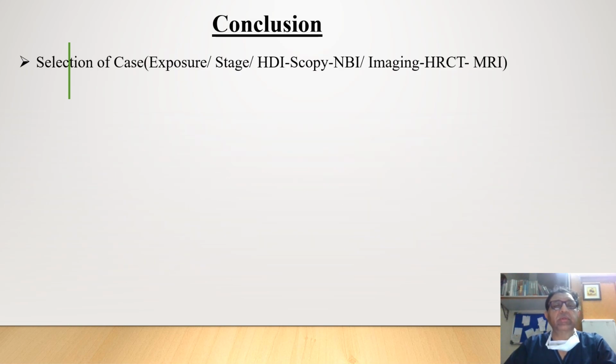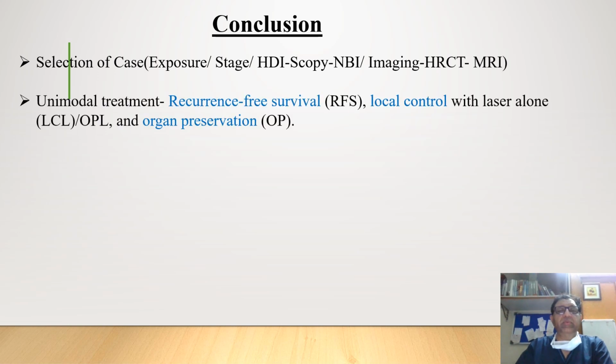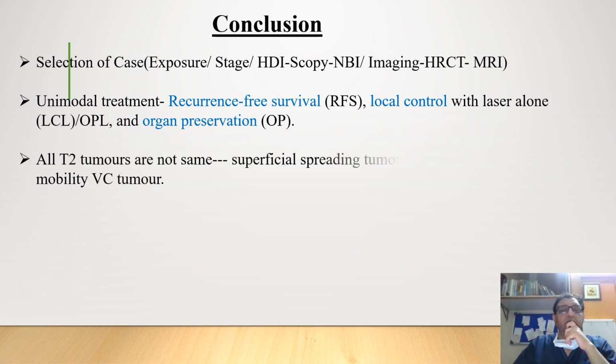To conclude, selection of cases, exposure, high definition laryngoscopy, optical image enhancement technology and imaging are very important. With unimodal treatment, recurrence-free survival, local control rate and disease-specific survival are very important. All T2 tumors are not the same, so a superficial spreading tumor is different from impaired mobility of the vocal cord.